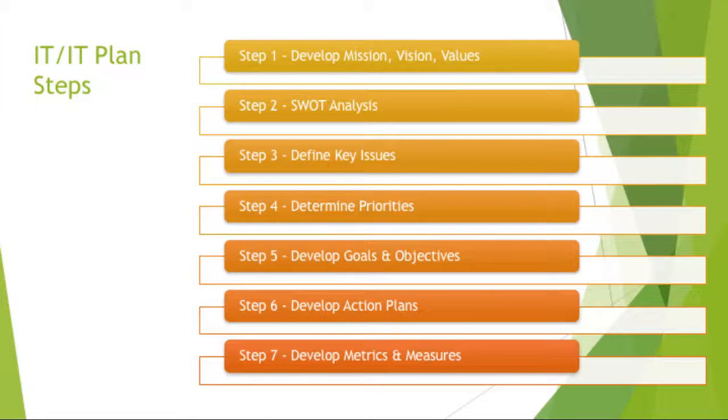The 7 steps to developing an IMIT plan are: Step 1, develop mission, vision, and values. Step 2, SWOT analysis. Step 3, define key issues. Step 4, determine priorities. Step 5, develop goals and objectives. Step 6, develop action plans. And Step 7, develop metrics and measures.